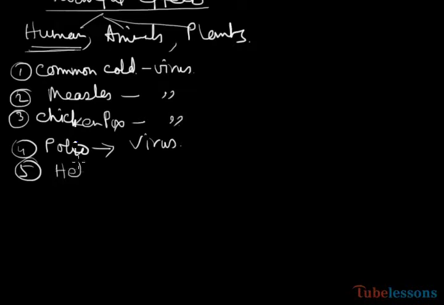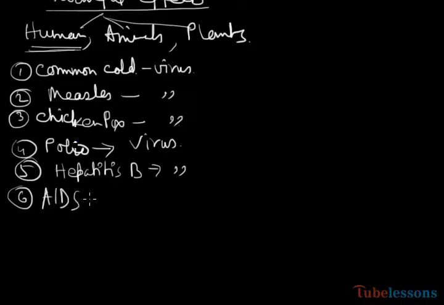Hepatitis B. Virus. And another important disease, which is very harmful actually, is AIDS. AIDS is the acquired immunodeficiency syndrome caused by the virus which is known as HIV, that is human immunodeficiency virus. So these are the viral diseases of human beings.